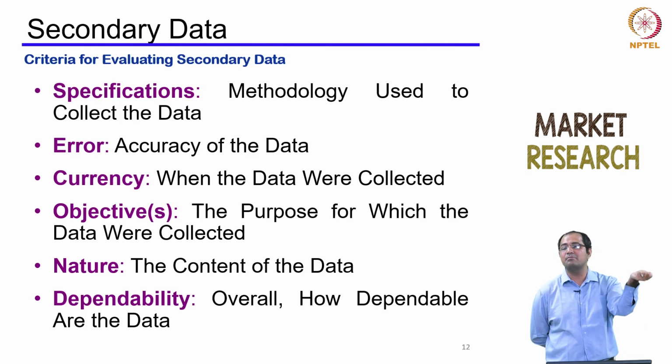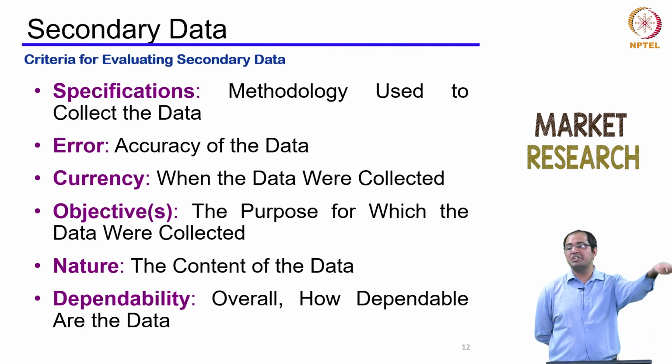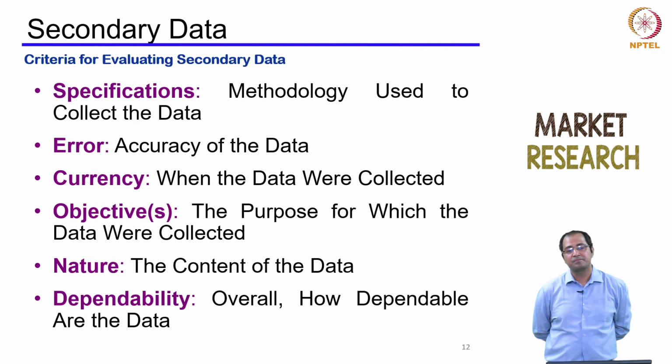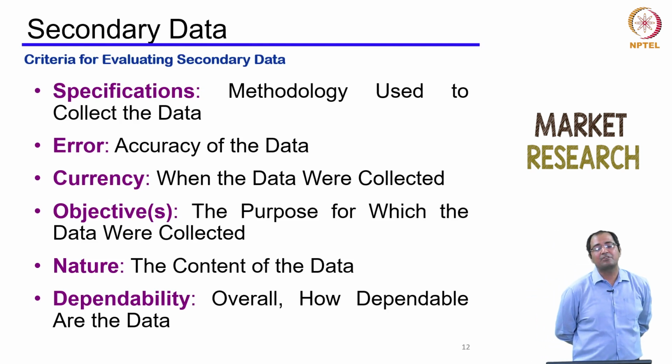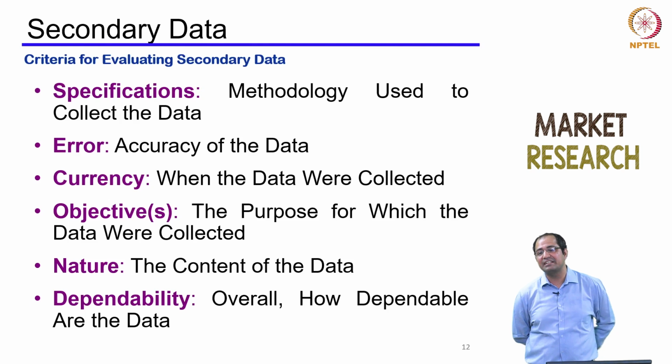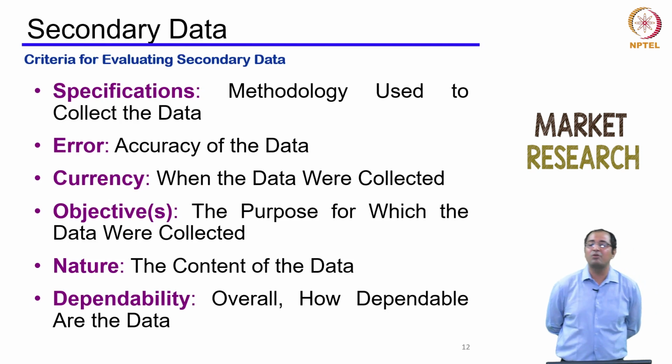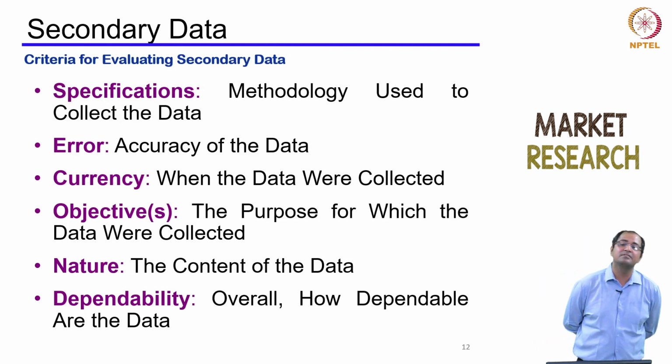Is that a credible company or agency or research firm that is giving you that particular data? That would be one of the ideas regarding the dependability of secondary data. Then if the method is clearly given, that is another way of seeing how dependable the secondary data is.